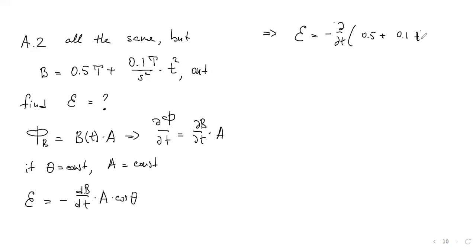But 0.2 multiplied by time, yes? Yeah. Then we have area and we have cos theta. So 0.2 multiplied by 0.04, time, and 1.